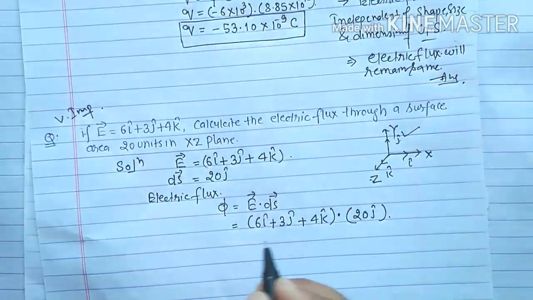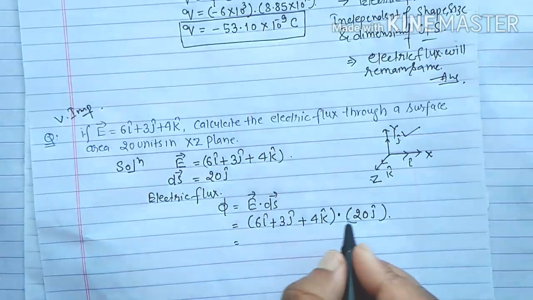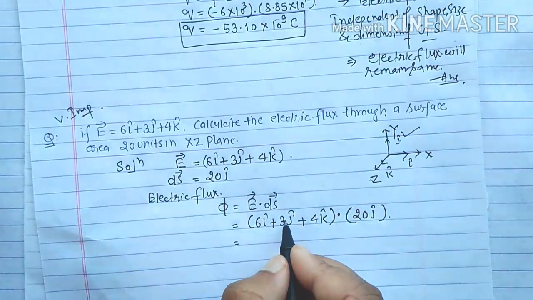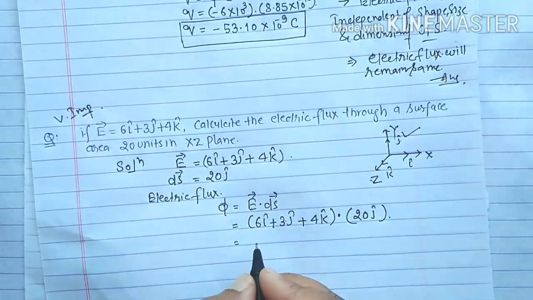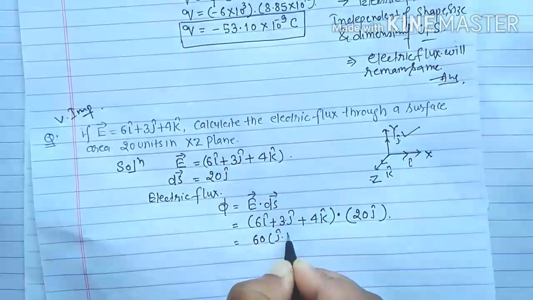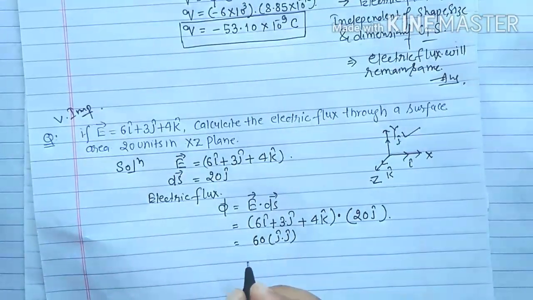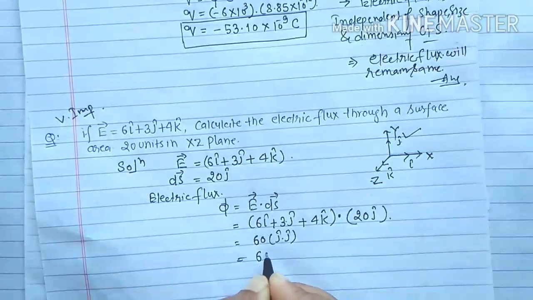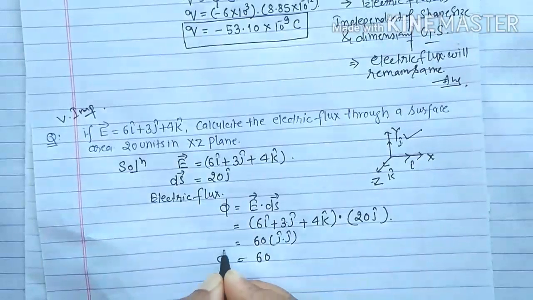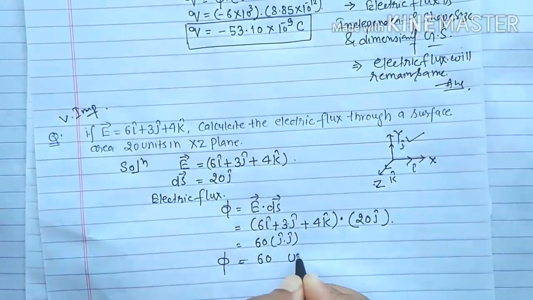So 20, now multiply i into j is 0, j into j is 1. So 3 into 20 is 60, j dot j is equal to 1. So electric flux will be equal to 60 units.